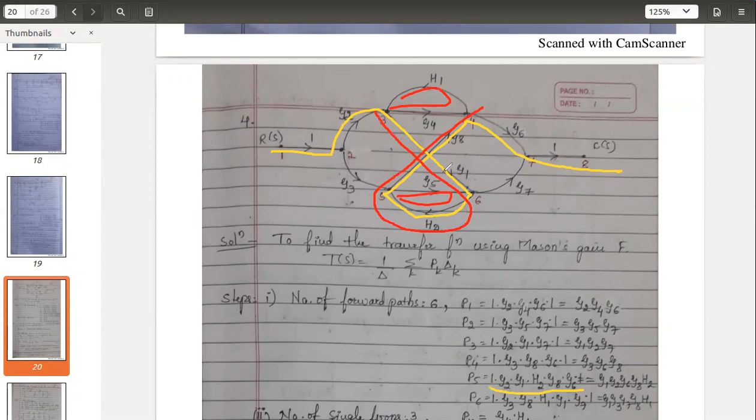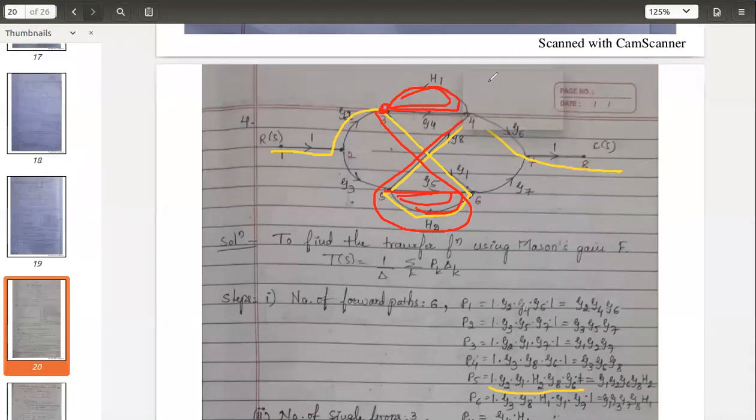Any of these single loops are touching this yellow line. Yellow line is your forward path. If you see this upper loop, it is touching here. These two points, nodes, are common. And this is also common for this 8 structure. So all 3 single loops are touching this yellow line. Hence it is 1 minus 0.